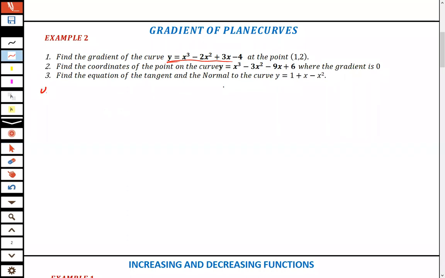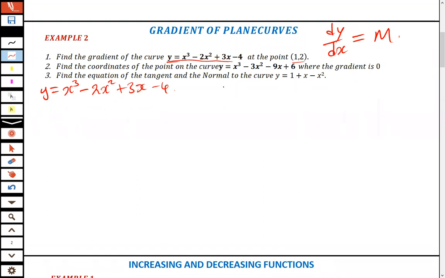So if you have this same function, let me copy it: y equals x to the power 3 minus 2x to the power 2, plus 3x, minus 4. If they're asking you to find the gradient of this function at the point (1, 2), they are asking you to find dy dx or just y prime. So dy dx is simply equal to the gradient of a line or a curve at a particular point.